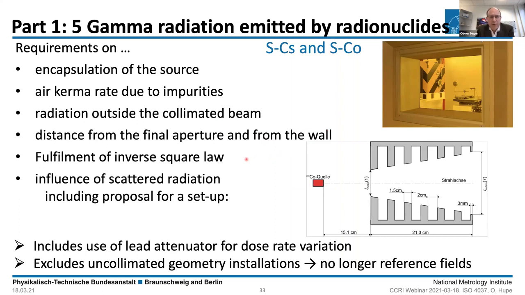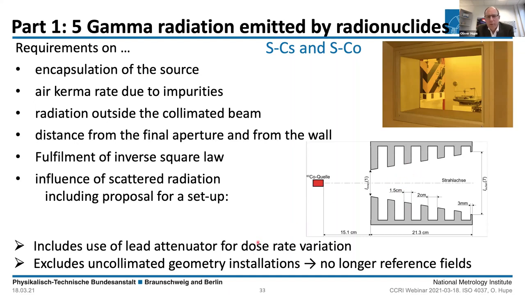You have to check the fulfillment of the inverse square law, and you have to care about scattered radiation from your collimators. There's also a scheme given on how to construct a collimator to get rid of scattered radiation.